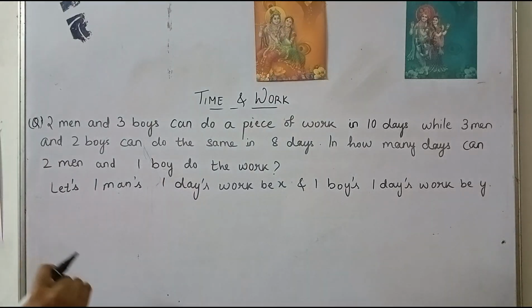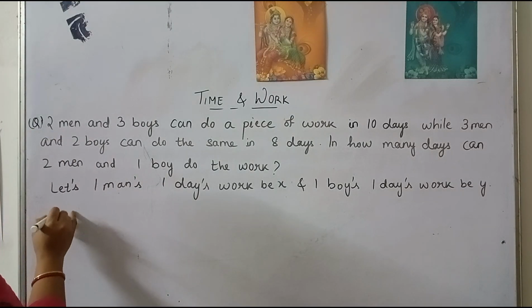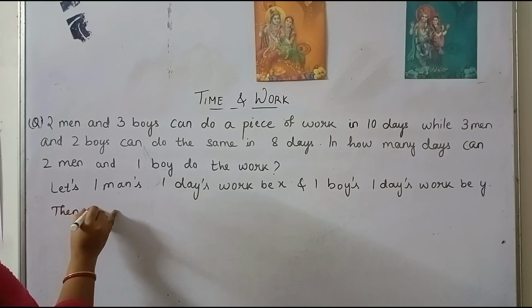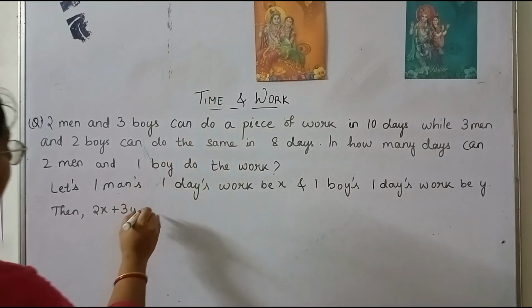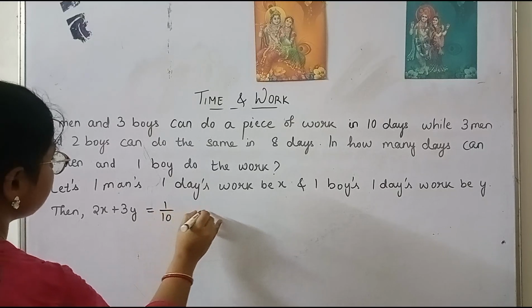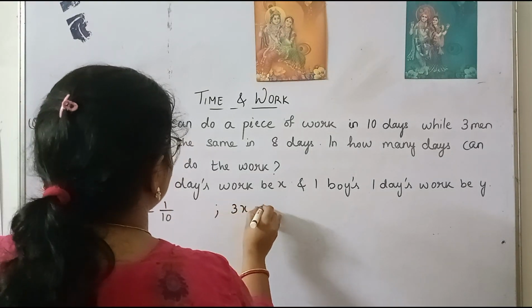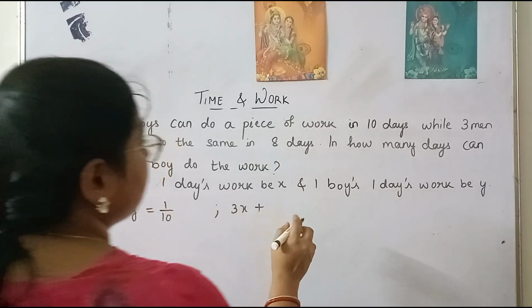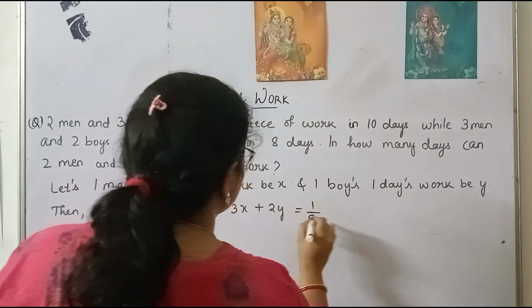So first we have 2 men and 3 boys, so 2x plus 3y will complete in 1 by 10 days. Another pair we have, 3 men plus 2 boys, so 3x plus 2y will complete in 1 by 8 days.